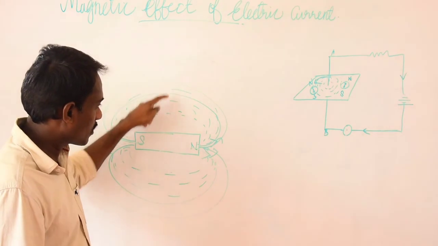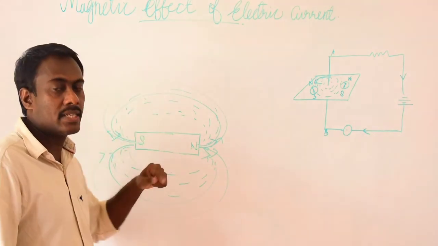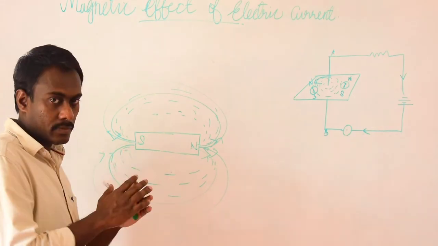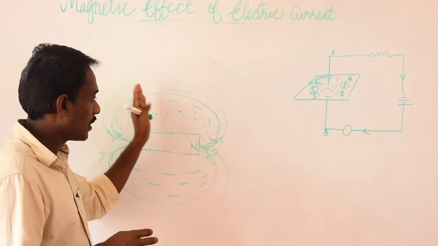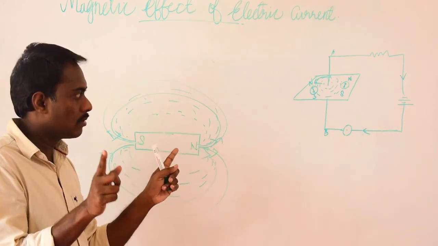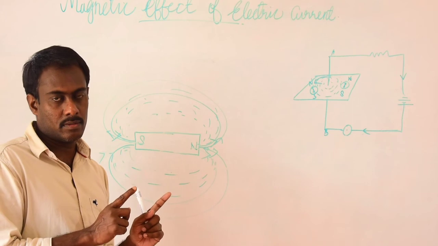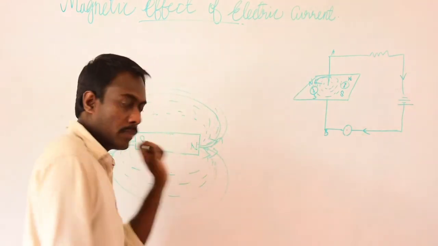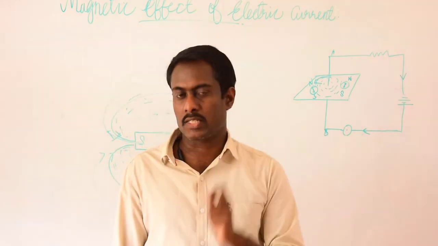If these magnetic field lines were intersecting each other, what would that mean? The direction of the magnetic field would be in two directions. So that cannot happen. Two magnetic field lines never intersect each other.